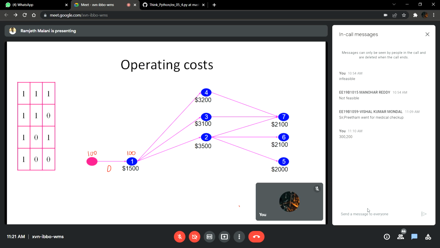Now, this state is 100. What is state 2?